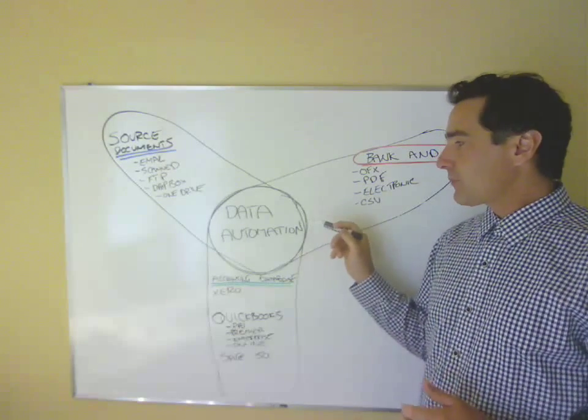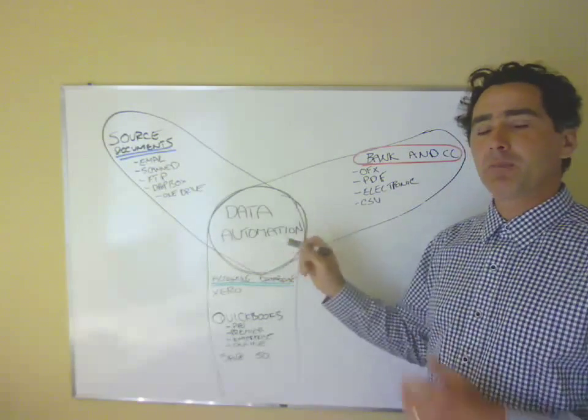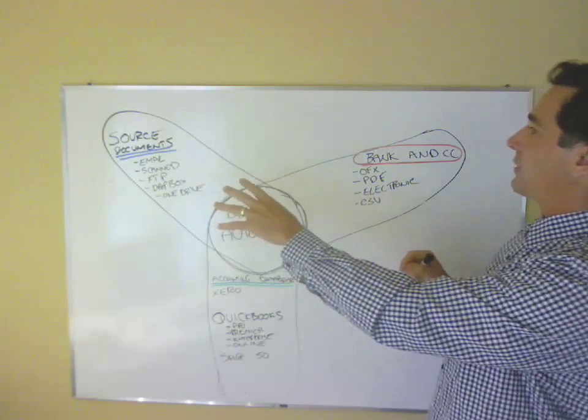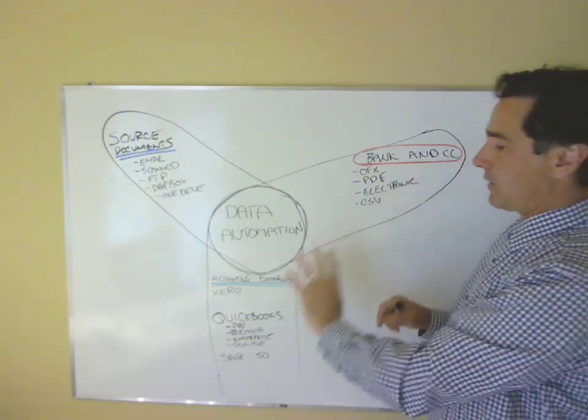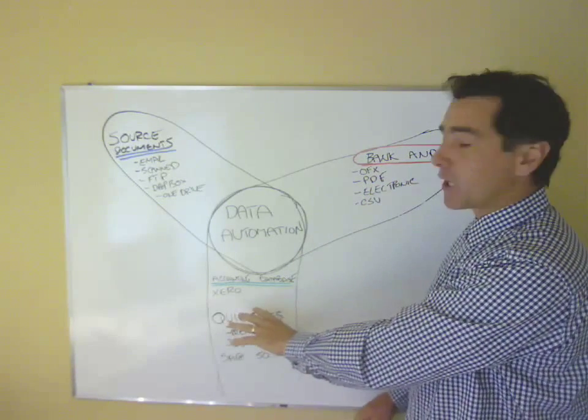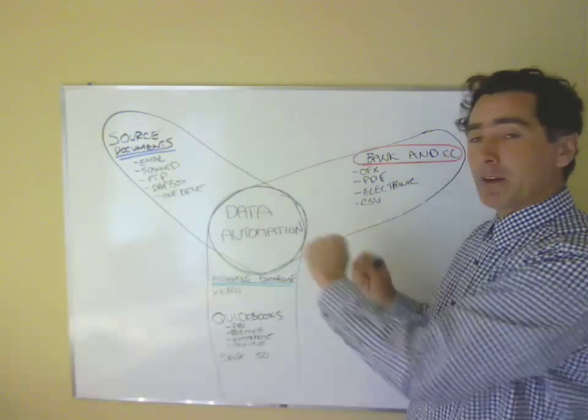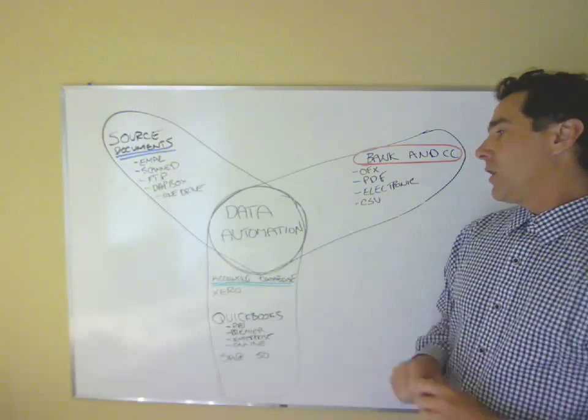And really, you don't get that in the first month because there's a bit of work to match the source documents to the right bank and credit card data to the vendors in QuickBooks. But once you've done that matching once, it's set it and forget it. It's done from there on in.